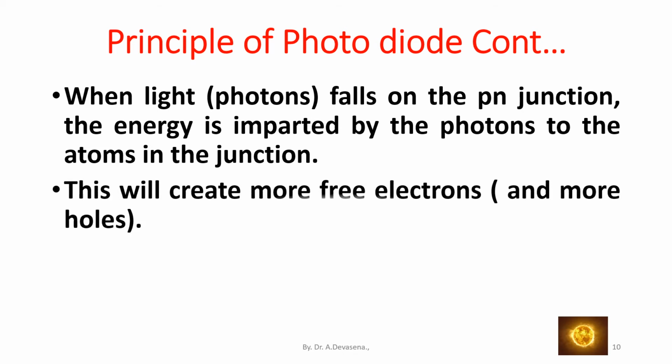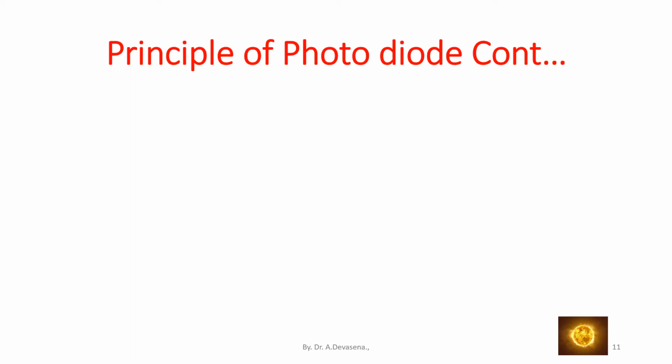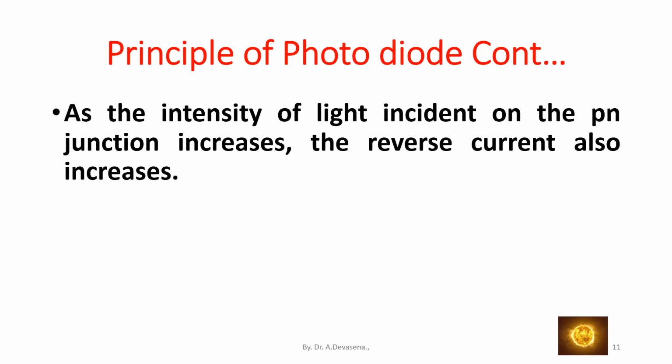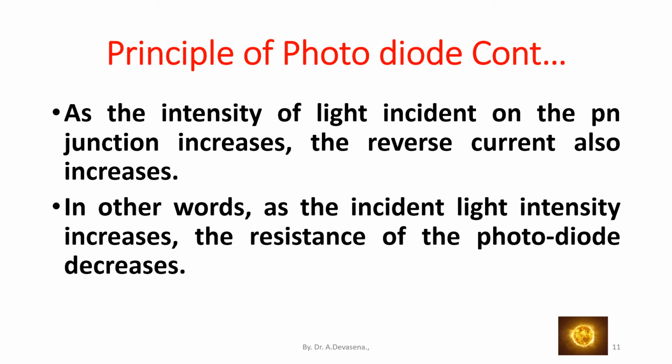This will create more free electrons and more holes. These additional free electrons will increase the reverse current. As the intensity of light incident on the p-n junction increases, the reverse current also increases. In other words, as the incident light intensity increases, the resistance of the photodiode decreases.